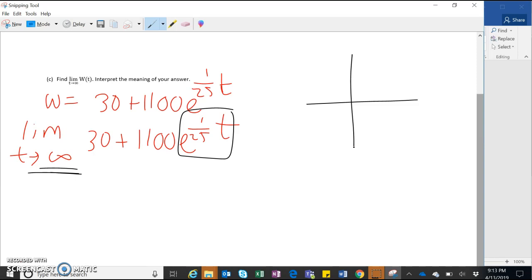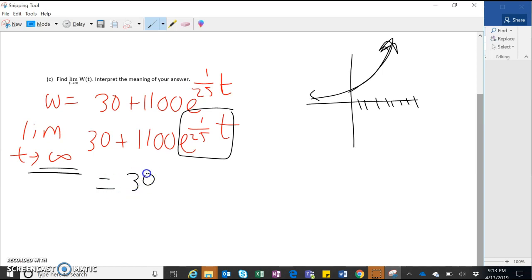E to the 1/25 t, that power is positive up there, so this is a growth function. And as t's get bigger and bigger over here, you can see that our function just goes up and up and up, higher up on the y-axis. So that exponential function approaches infinity as t's get larger.